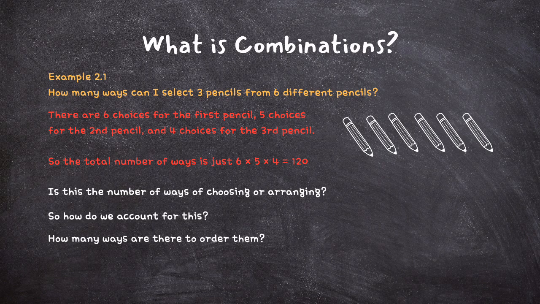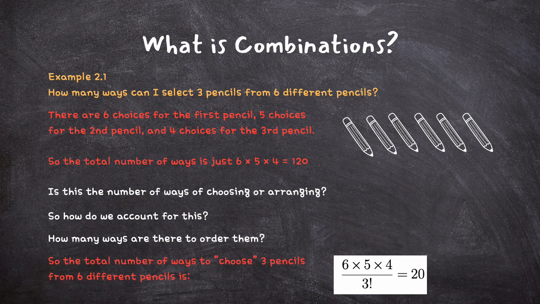Let's say we have 3 pencils. How many ways are there to order them? This is just 3 factorial because we are arranging 3 objects in order. Therefore, we are overcounting by a factor of 3 factorial. So the total number of ways to choose 3 pencils from 6 different pencils is just 20.